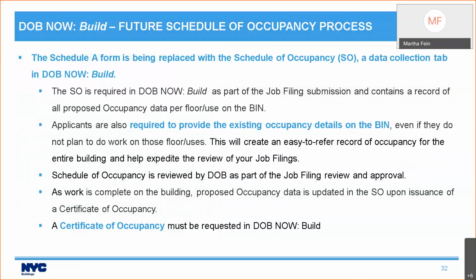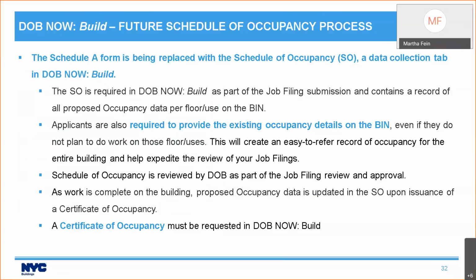The Schedule A form is being replaced with the Schedule of Occupancy, which is a data collection tab now in DOB Now Build. A Schedule of Occupancy is required as part of the job filing submission for a new building or Alt-CO job. And it contains a record of all proposed occupancy data per floor use on the build. So that is how the system determines where you are doing work.